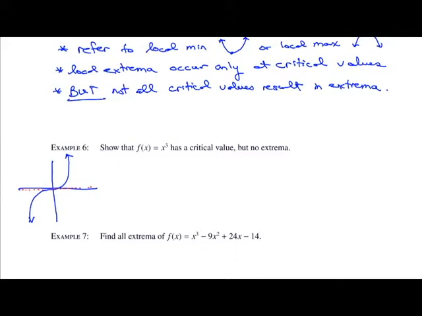So let's show that. So first off, what is the derivative of x cubed? It's 3x squared. We're going to set that equal to 0, and then we're going to solve for x. So divide by 3, and take the square root, and you get x equals 0.